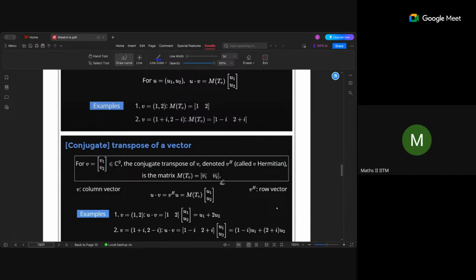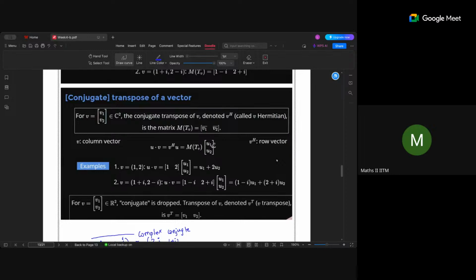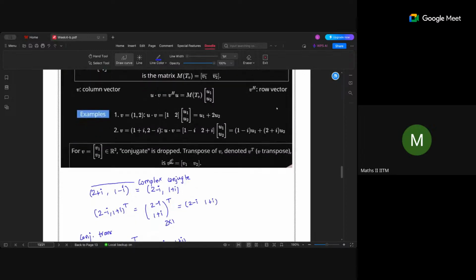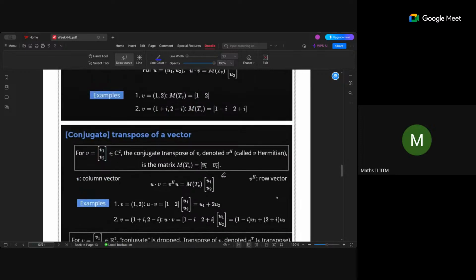You don't have to go to M of TV for that; it is a straightforward process. It is just explained through M of TV in this scenario. So what is the conjugate transpose of a vector? Is that clear for everyone? Yeah.